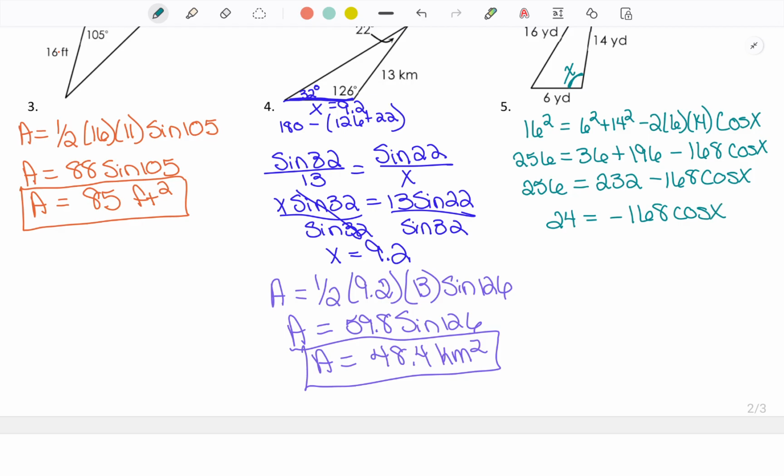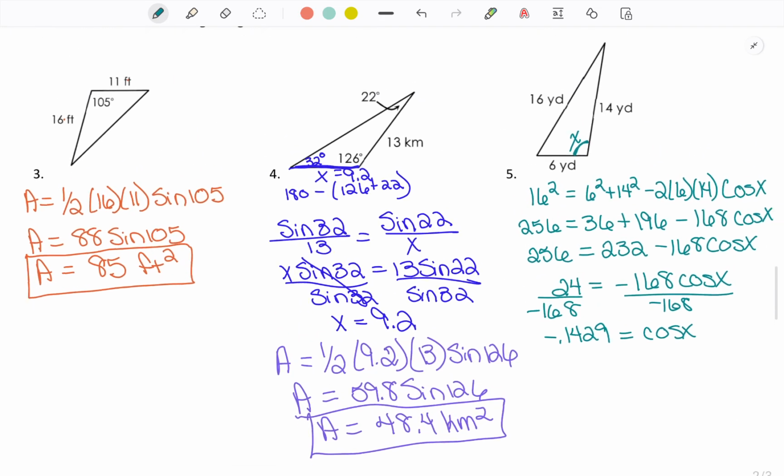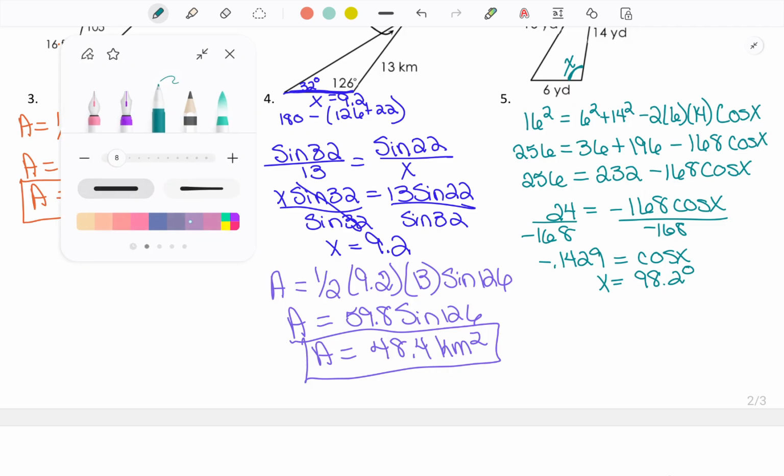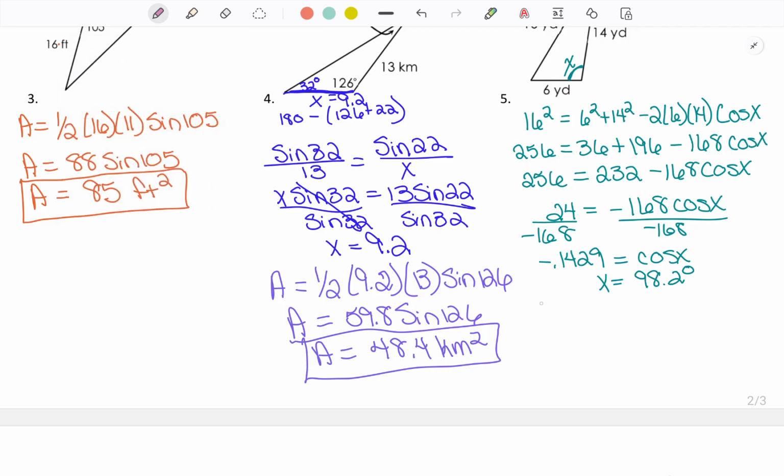And we'll divide by that negative 168. And so when we divide, we get a negative 0.1429, and then undo that cosine. So x should give you 98.2 degrees.